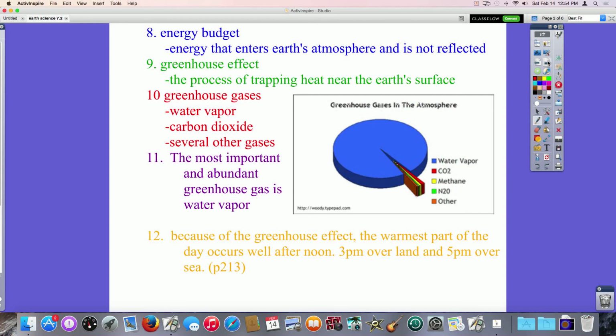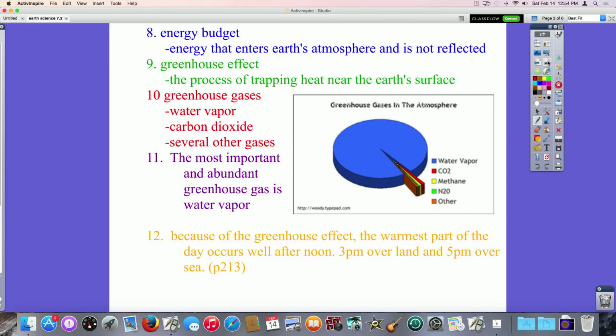How much energy actually reaches the Earth's surface and is not reflected. Energy that enters the Earth's atmosphere and is not reflected. Because the clouds are between the ground and the sun, that can play a huge role. Now, Earth's energy budget is not the same everywhere we go on Earth. Obviously, different places of the planet are at different angles to the sun because of that angled axis.